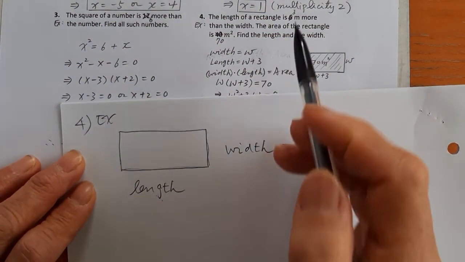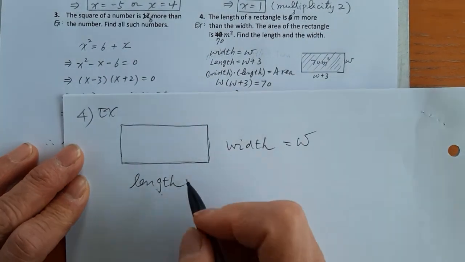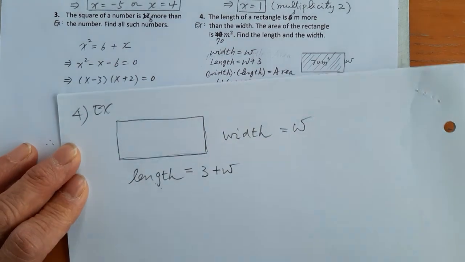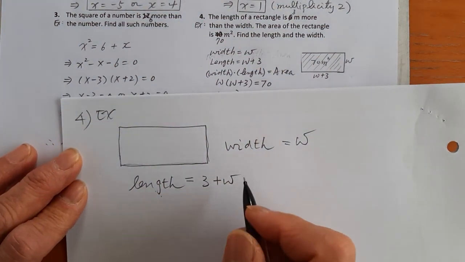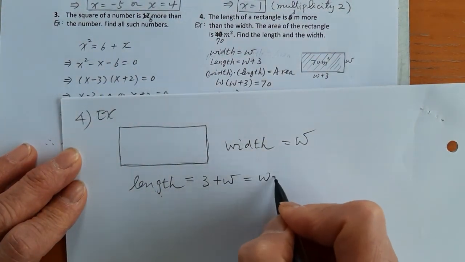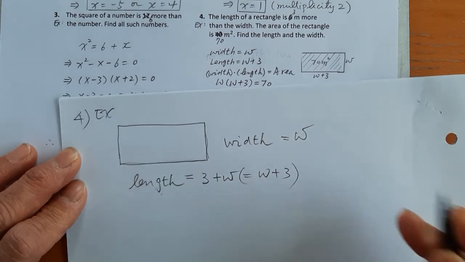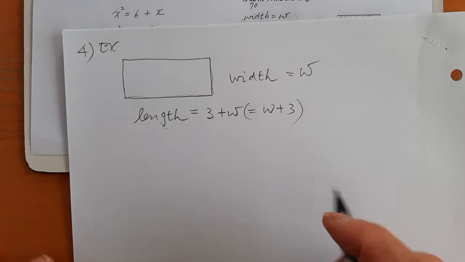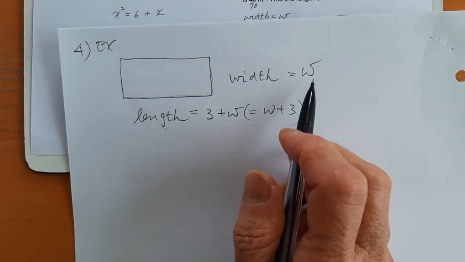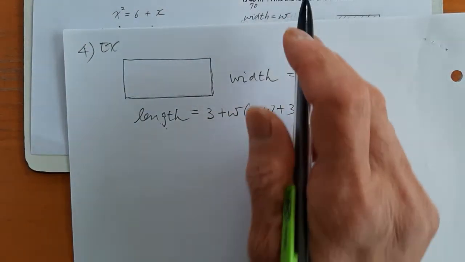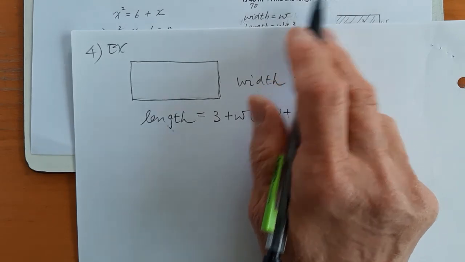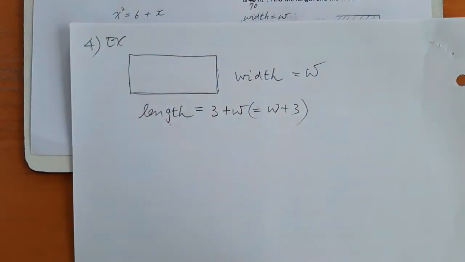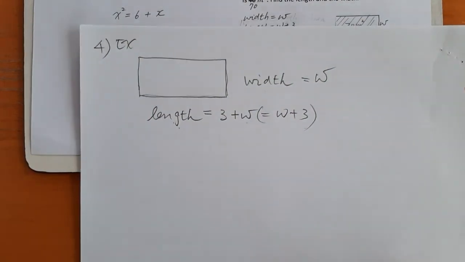So the length is 3 plus W, or you can put W plus 3. They are equal. If we assume the width is W, the length is 3 meters more than the width, so the length is 3 plus width, or width plus 3.